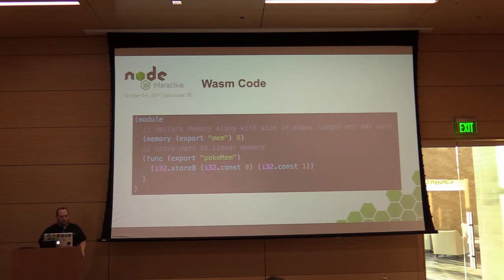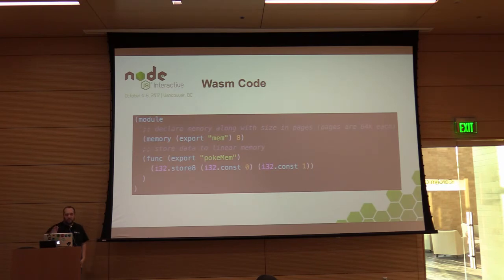But let's go ahead and look at how you manipulate memory from WebAssembly. So here, it looks really similar to exporting a function, but we're exporting mem. That's what we're calling it, and it's 8 pages long. Every page in WebAssembly is 64 kilobytes. So you declare this memory, it's linear memory, so it's just like an array buffer that you would put a typed array view on or something like that, and you just manipulate the bytes directly.